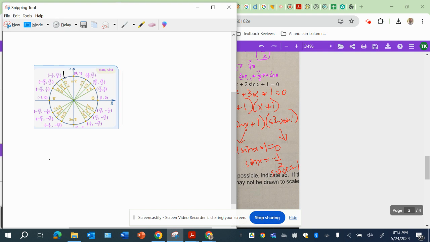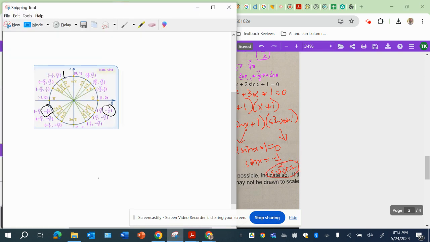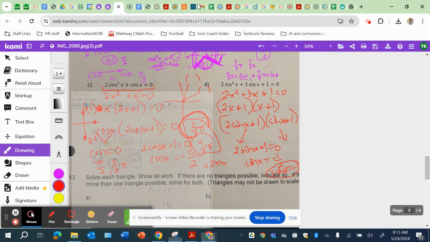The sine is negative 1/2 at 7/6 pi and 11/6 pi. So those are two of the answers. And then the sine is negative 1 at 3/2 pi. So you have 3 solutions for that one.